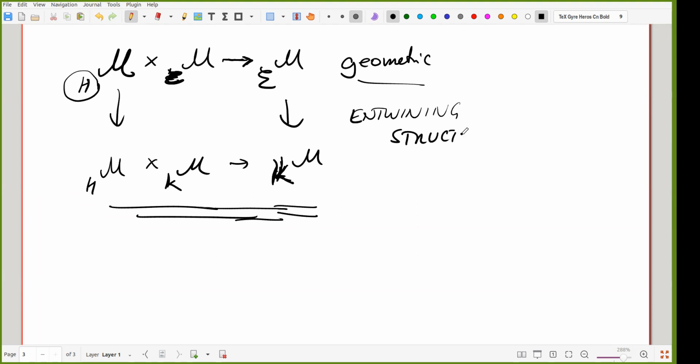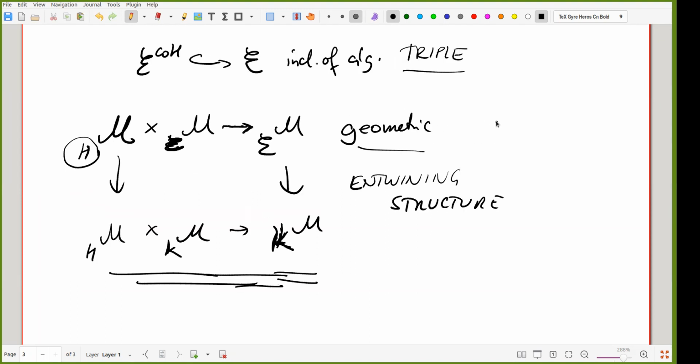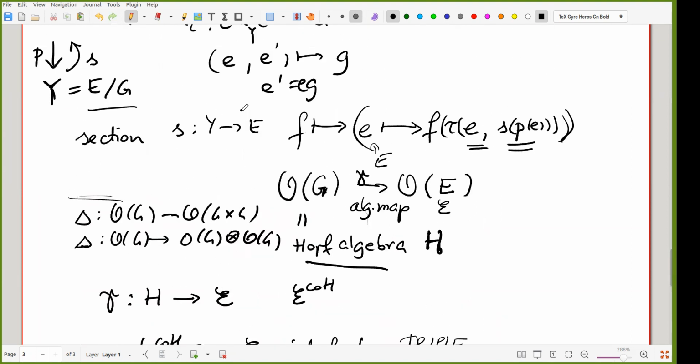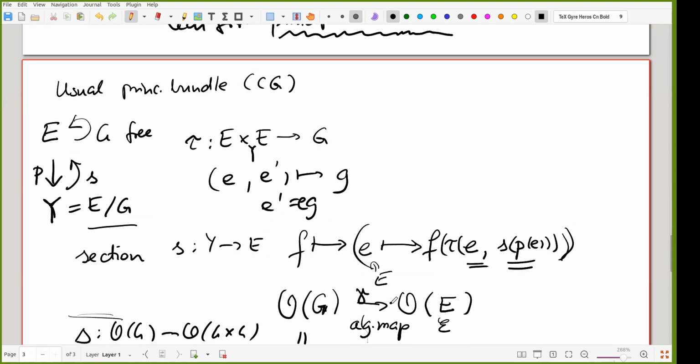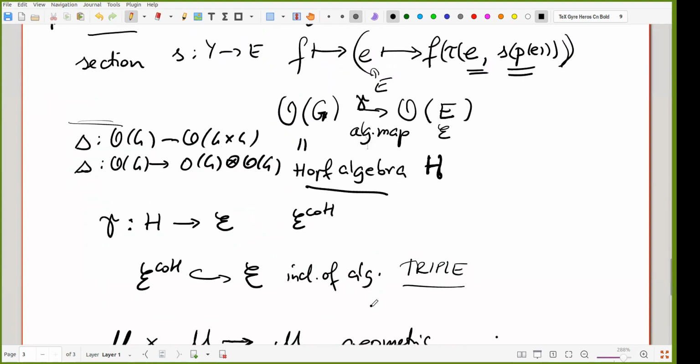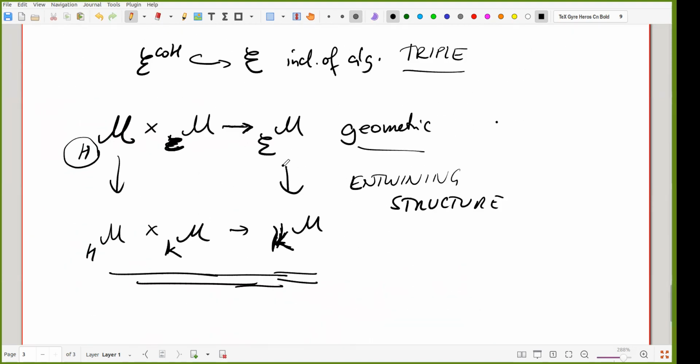So that means that the action or coaction of the group, there are many examples, or Hopf algebra, will have to be somehow compatible with lifting structure from just the base geometry to geometry over E.